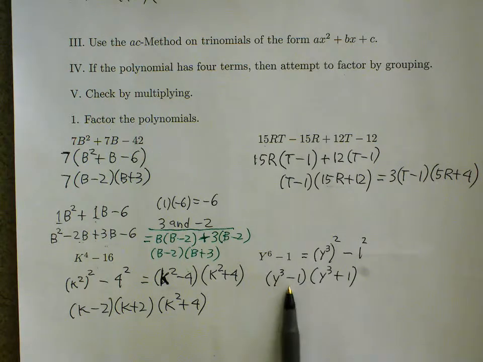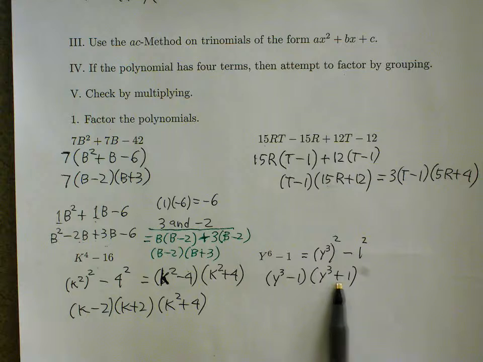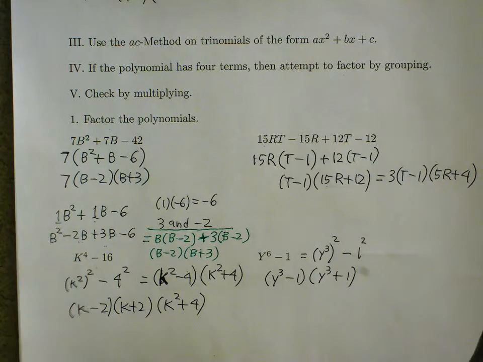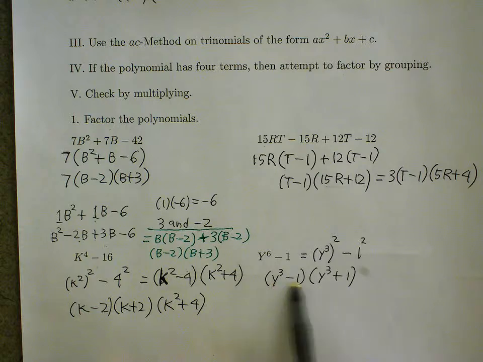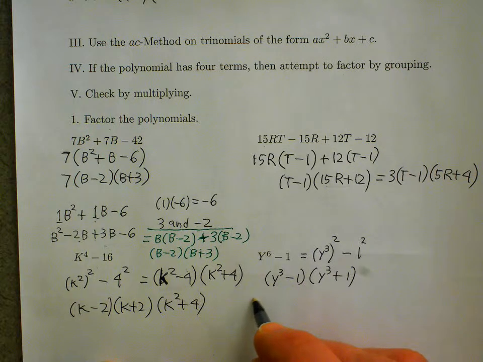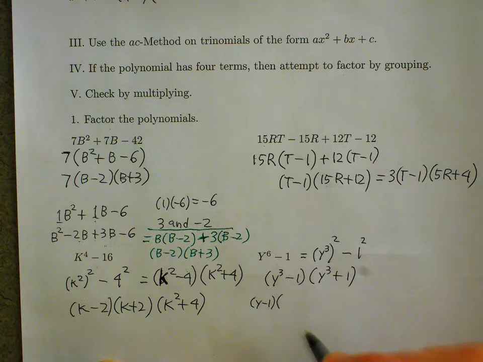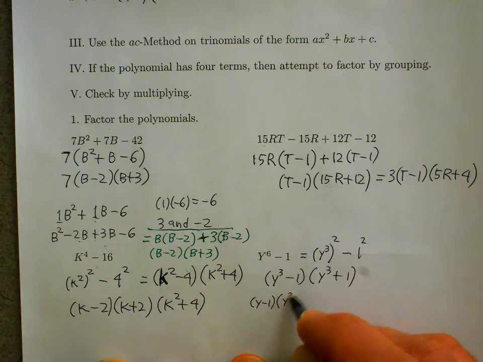But y to the third minus 1 is a difference of cubes, and y to the third plus 1 is a sum of cubes. So we know how to factor those. So we'll factor y to the third minus 1 first as a difference of cubes. So the binomial factor is y minus 1. The trinomial is y to the second plus 1y, or just plus y, and then plus 1.